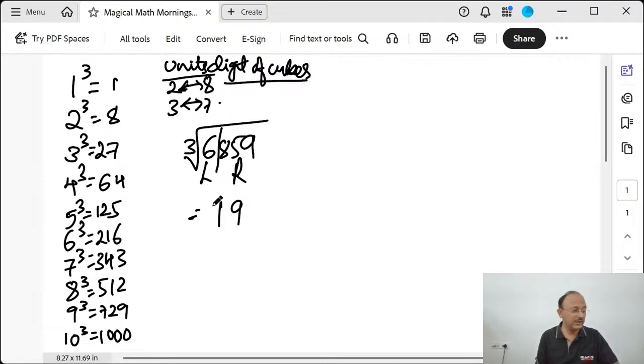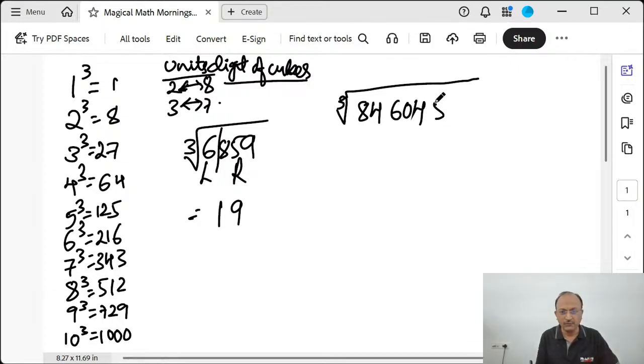Now, the same thing, we are going to extend to bigger numbers. Let's take some big number. Maybe let me take the cube root of 84604519.